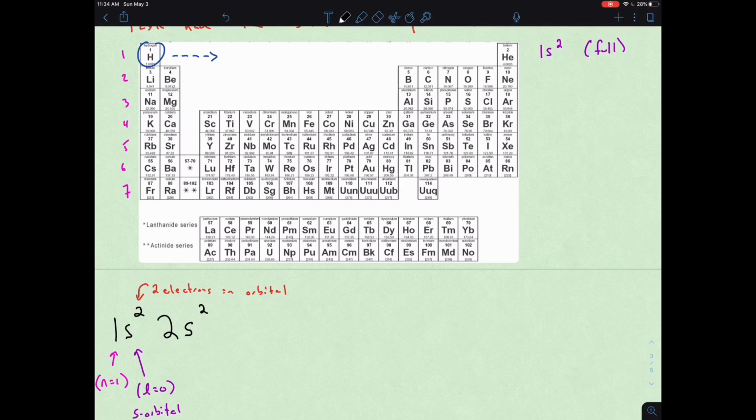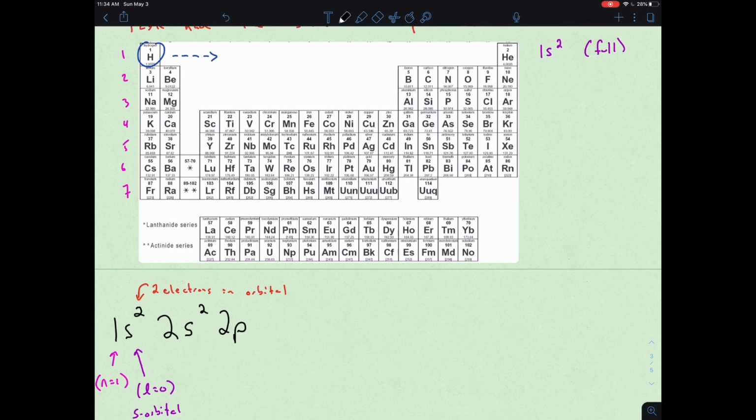And then as we keep going to the right, we end up with boron. And now we're in the 2p. Right, first we have s orbitals, then we have p orbitals, then d, and then f. But realize that we have those quantum mechanical rules that only certain sublevels can be present within each principal quantum level.